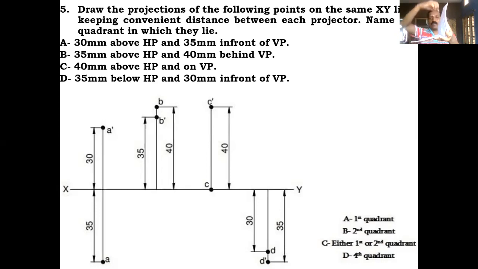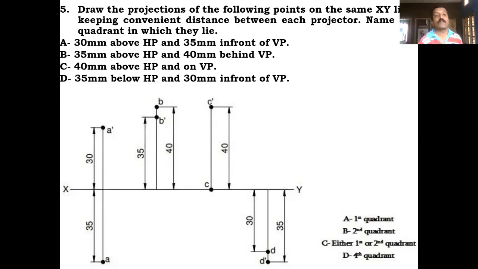Got it? While drawing the top view, while looking from here, while tilting it, you are going to get it on the XY line. Similarly, when the point is on HP like this, while seeing from the front view, it will look on the XY line. So this is the only difference.